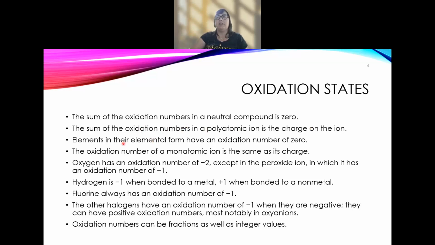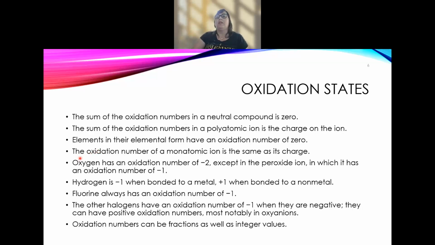Elements in their elemental form have an oxidation number of 0. So for those 7 gases that occur as diatoms, so hydrogen, fluorine, chlorine, bromine, iodine, nitrogen, oxygen, those guys, like the O2, H2, Br2, Cl2, I2, N2, those states, that oxidation number is 0.